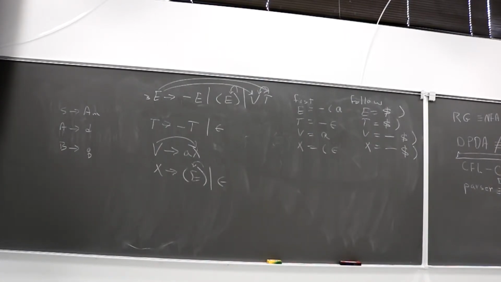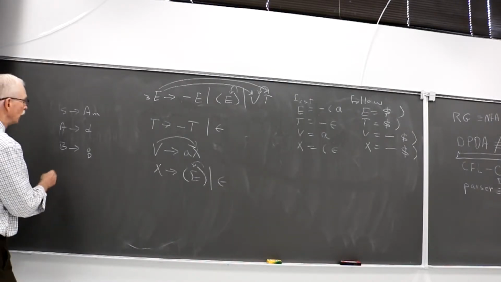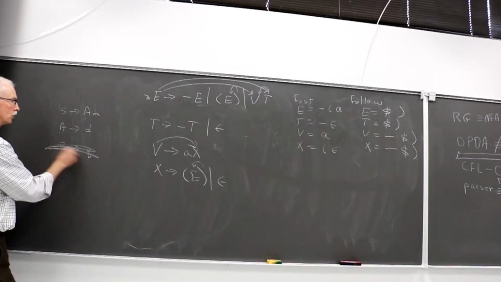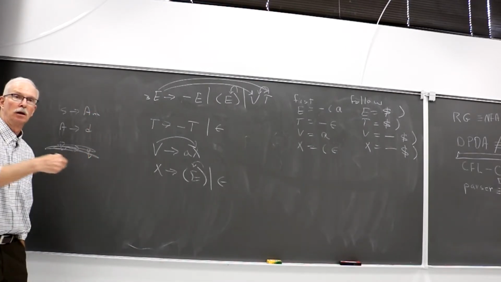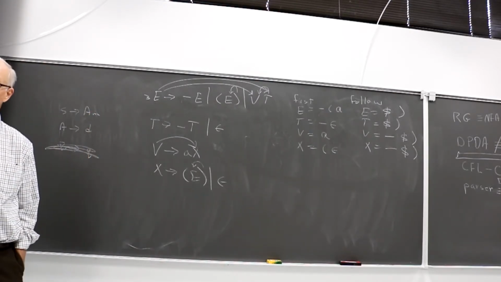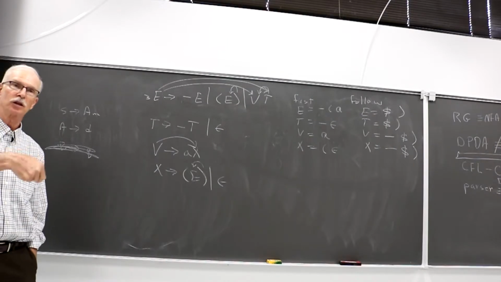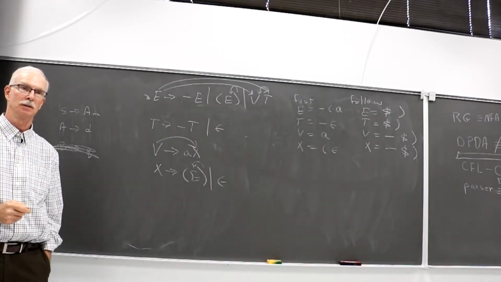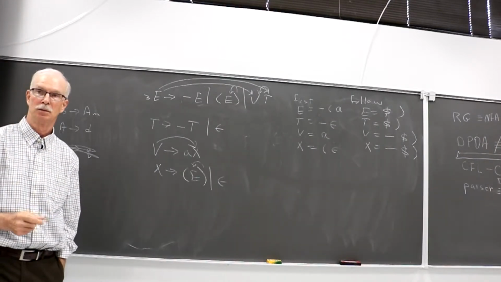I can't get to B, so B shouldn't exist anyway. As long as I can get there and they can generate a terminal string, the follow sets will not be empty. Make sense?